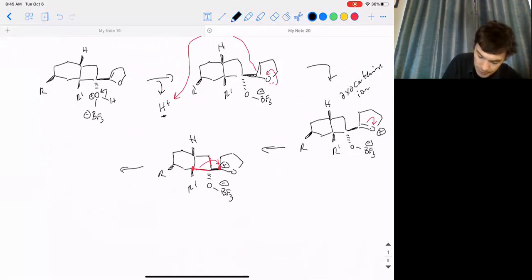Okay, and I'm going to draw this in an ugly way first, just so that you can follow me, and then I will try to redraw it in a way that looks more akin to the product.